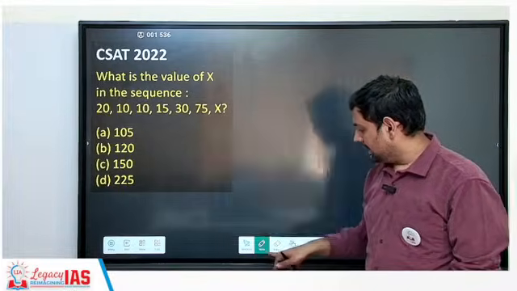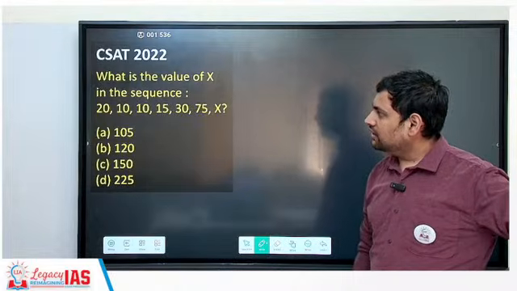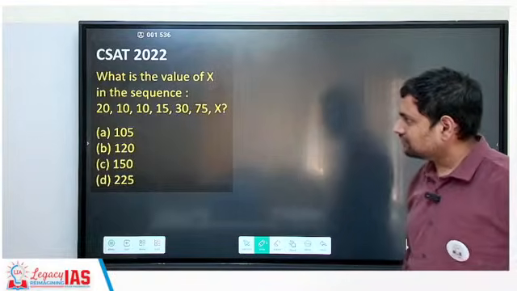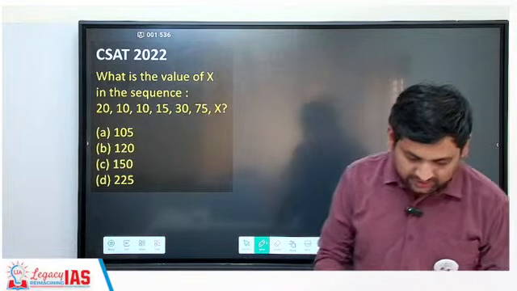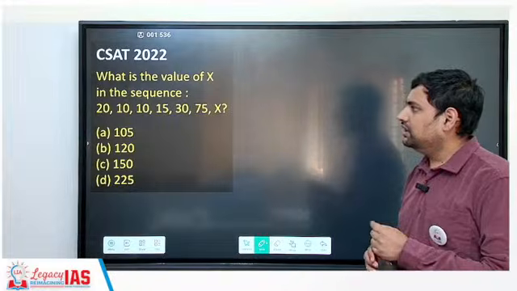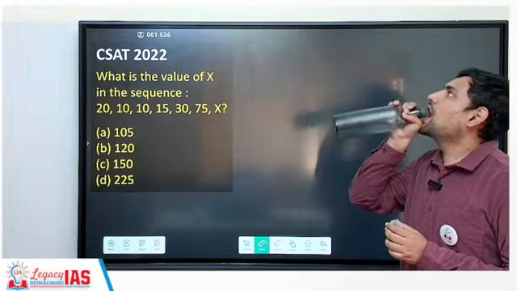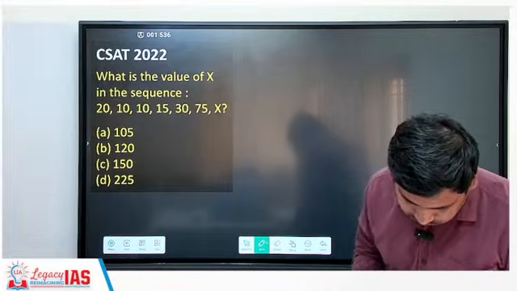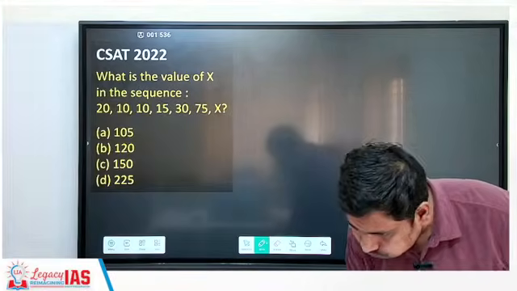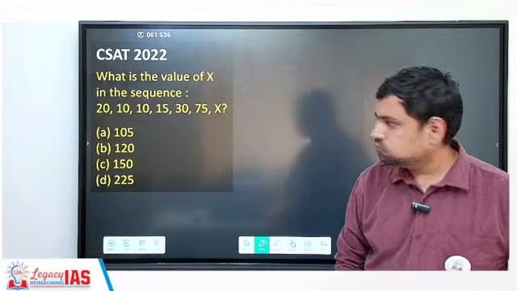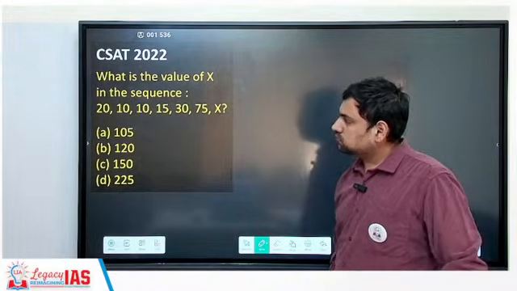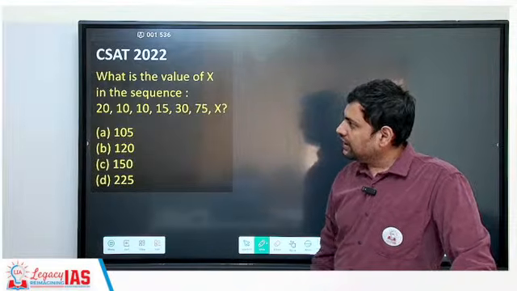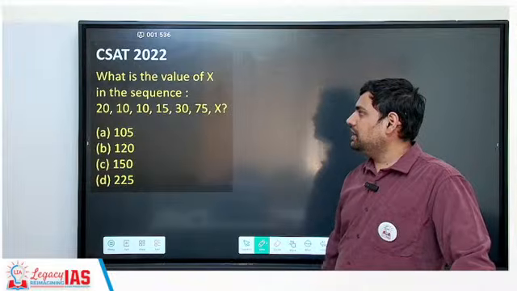Now this is 20, 10, 10, 15, 30, 75. What would be the next term? The first thing is about observing what kind of series this is. 20, 10, 10, 15, 30, 75.